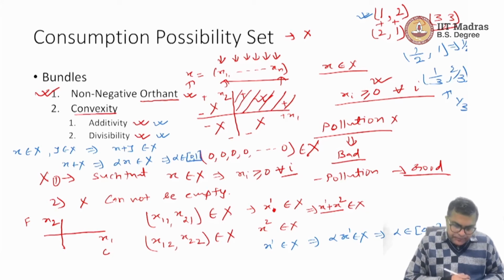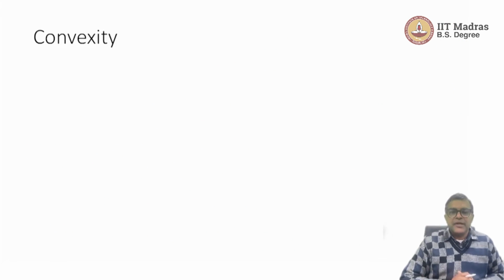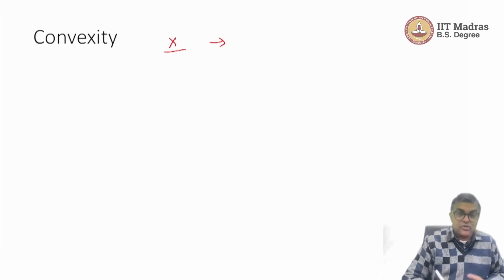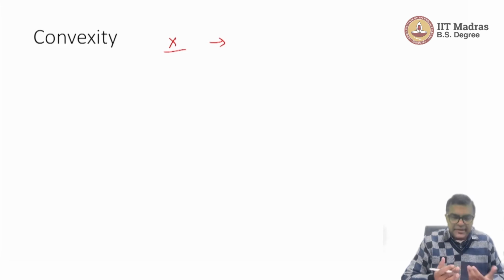So, we say that if additivity and divisibility are satisfied, then convexity would be satisfied. So, let us look at convexity in slightly more detail. It is a very useful mathematical property and we use it again and again. To understand convexity of a set, let us take a set X, and this X is not a consumption possibility set, X can be any set.